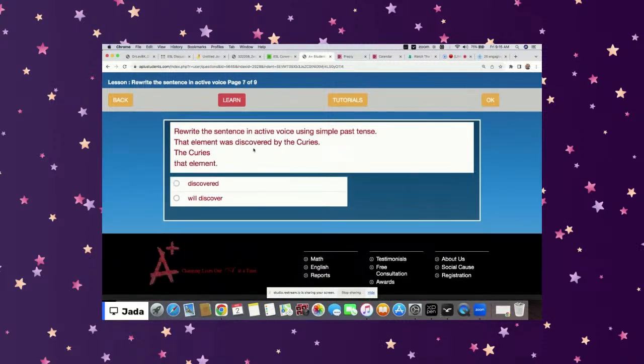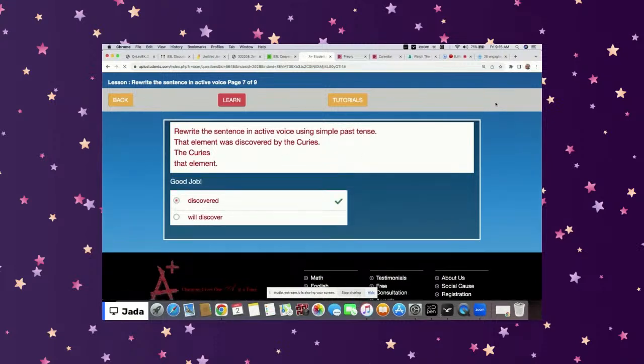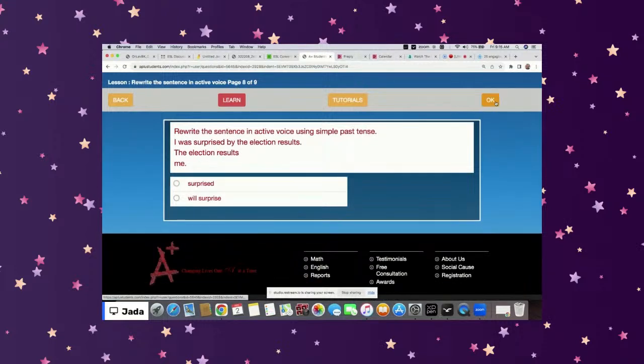The elements were discovered by the Curies. The Curies discovered the elements, right? Are you surprised by the election results? Past tense.